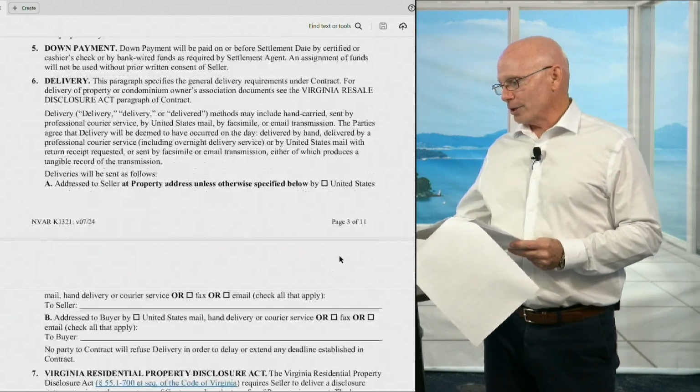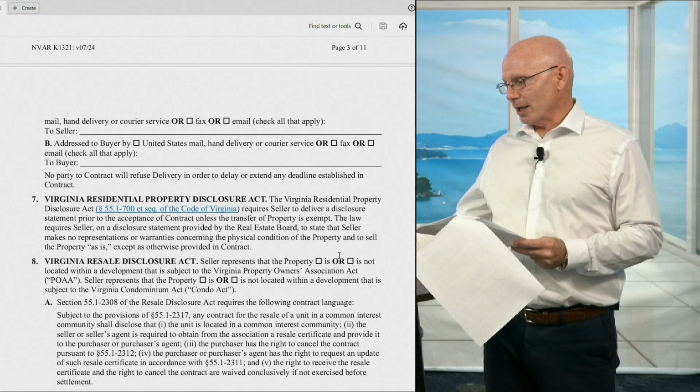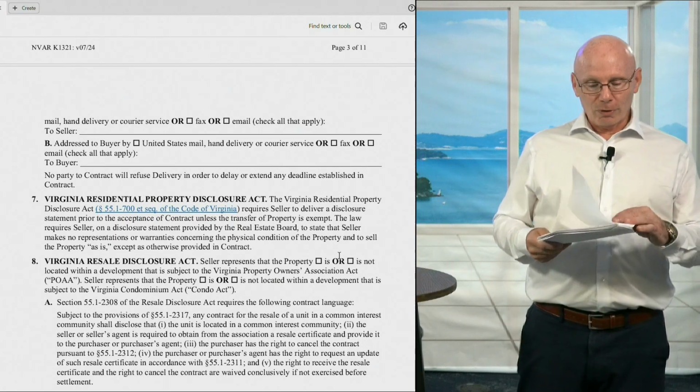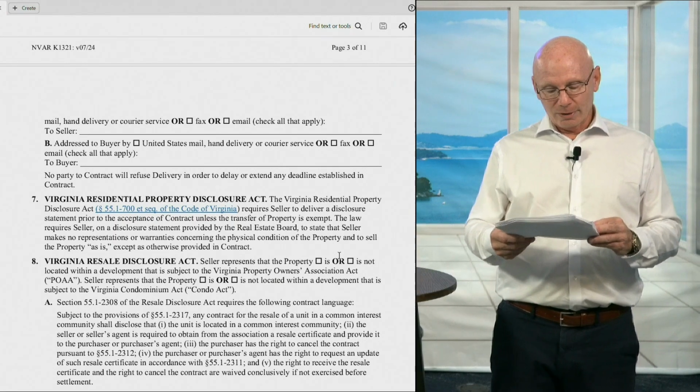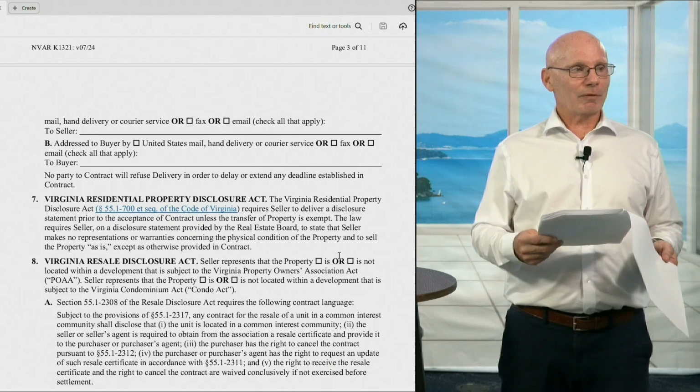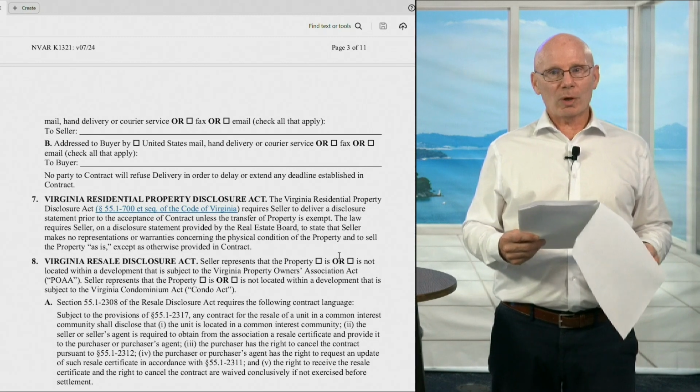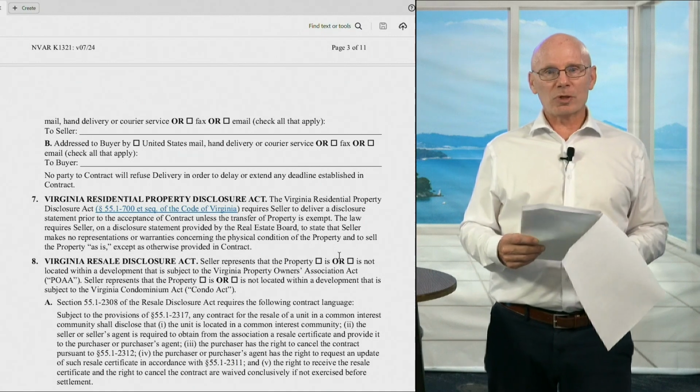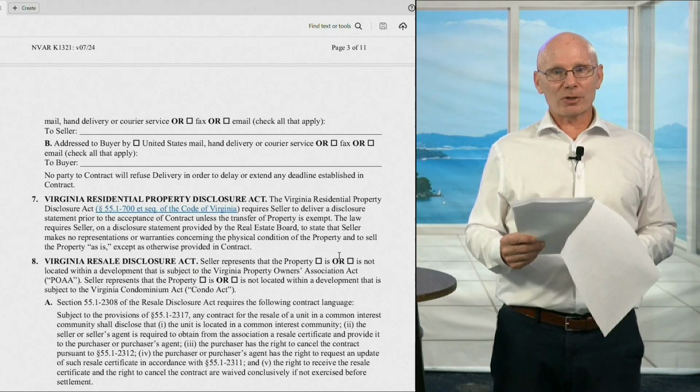So here it sets it up in paragraph 6 for either the seller or the buyer's agent and how they want communications to be delivered. Now, this is just normal communications back and forth, home inspections, those type of things, right?